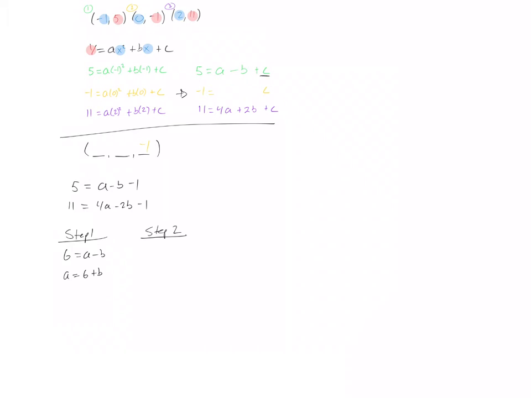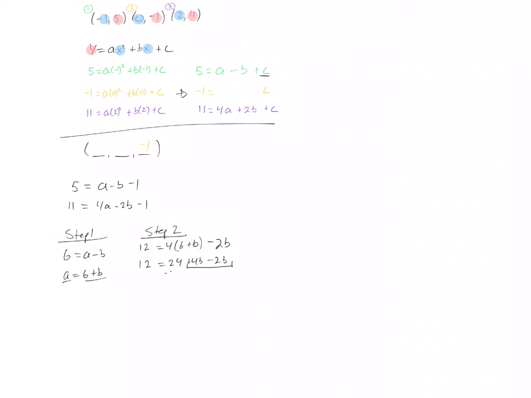Step 2 is going to take my other equation. I'm going to say 12 is equal to 4 times a. A's other name is this, 6 plus b, minus 2b. So 12 is equal to 24 plus 4b minus 2b.